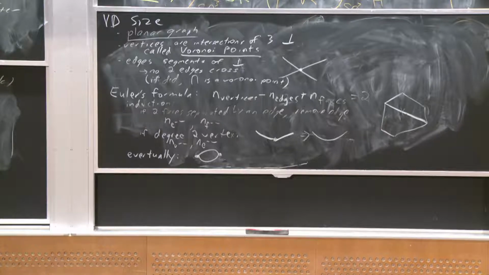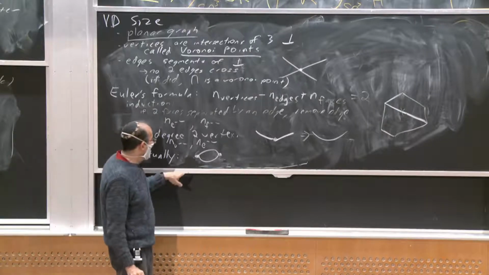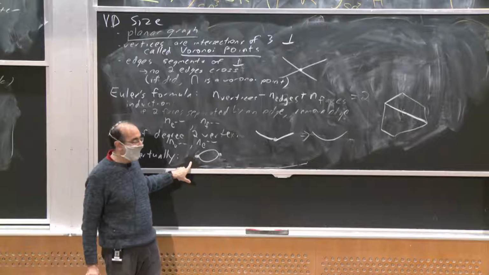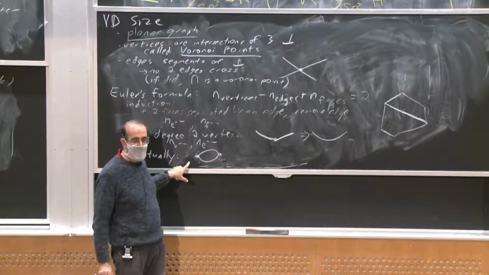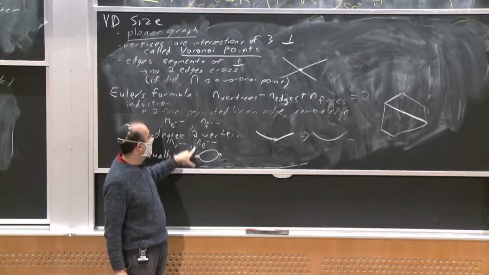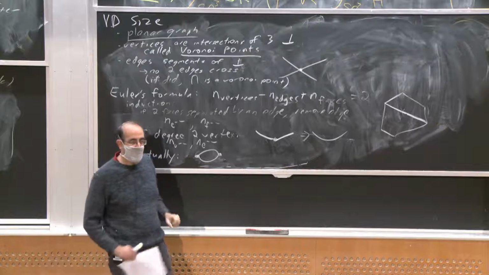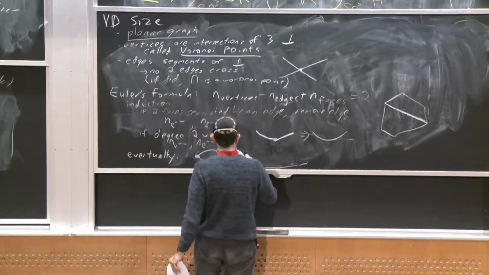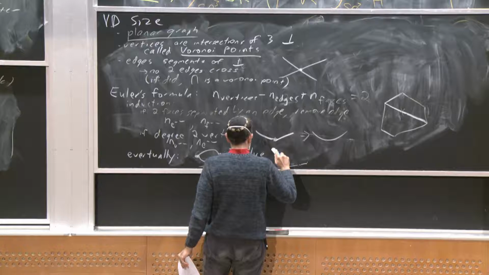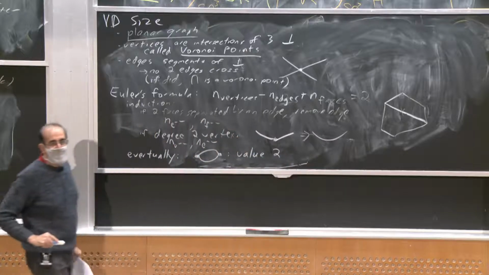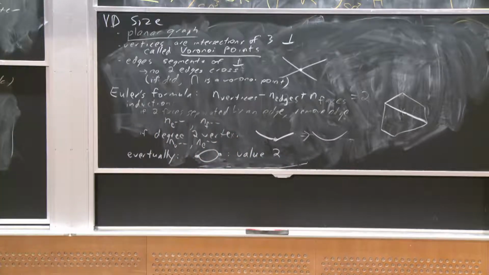And now we can just directly inspect Euler's formula. We have 2 faces, we have 2 edges, and we have 2 vertices. So Euler's formula is correct. Okay. And since the final value is 2, and we were not changing the value, it means the original value was 2 as well.